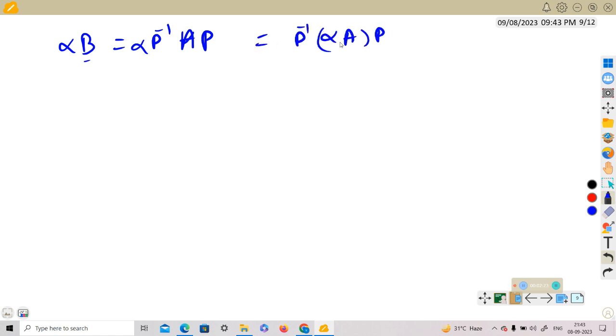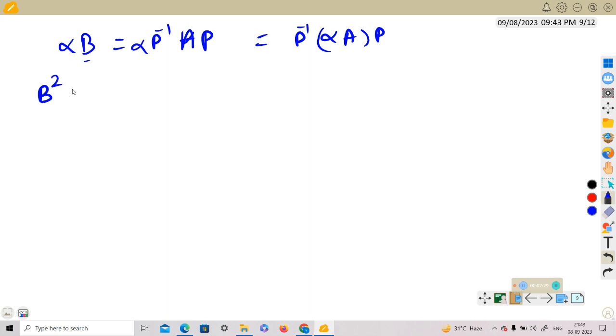And similarly, if we just take alpha B, this will be equal to P inverse alpha A P, putting the value of B, and we can just take the alpha inside. No issue in that.